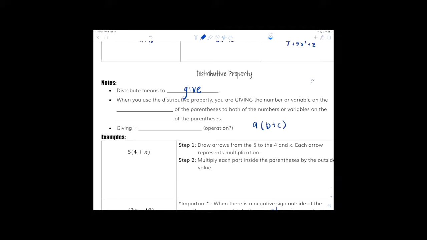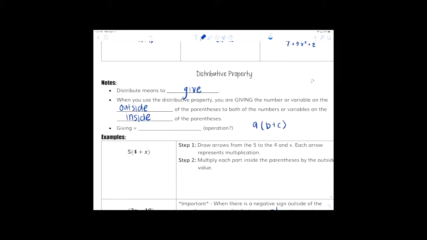This is the number on the outside of the parentheses to both, or really to all of the numbers or variables on the inside of my parentheses. Okay? So my A, my outside number, is going to be distributed to my B on the inside, and it's also going to be distributed to the C.